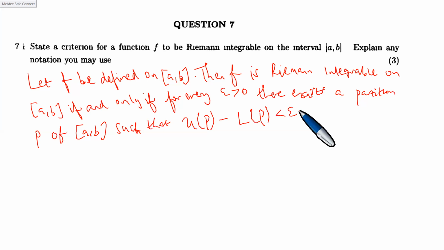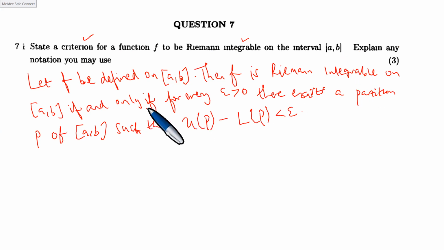Right, so we let f be defined on the closed interval AB, then f is Riemann integrable on AB if and only if for every epsilon positive there exists a partition P of AB such that UP minus LP is less than epsilon. We give that statement of the criterion for the function f to be Riemann integrable on the interval AB.